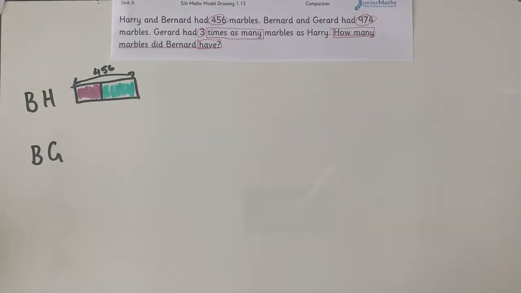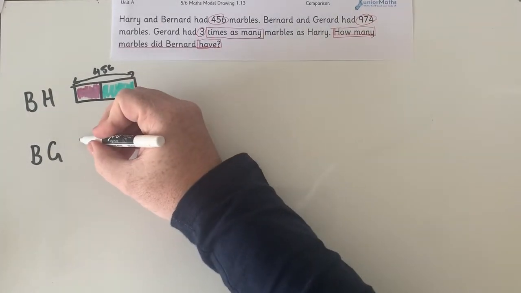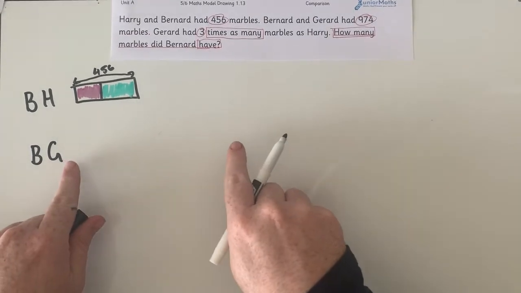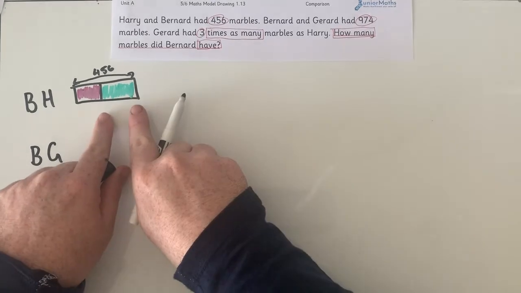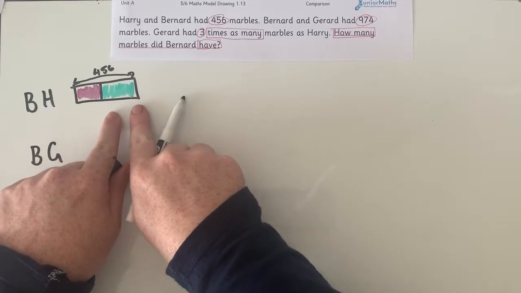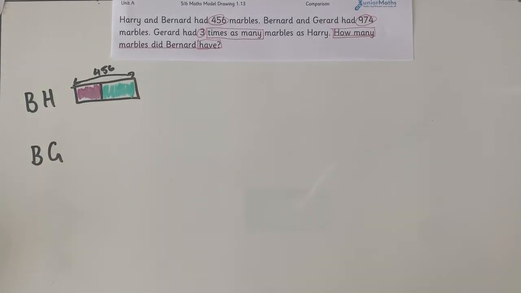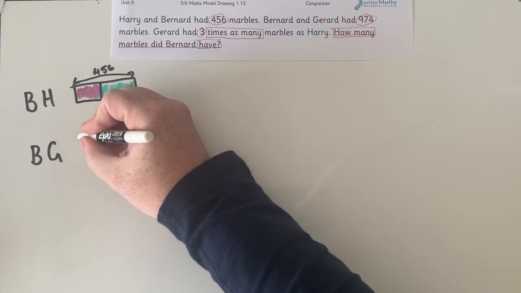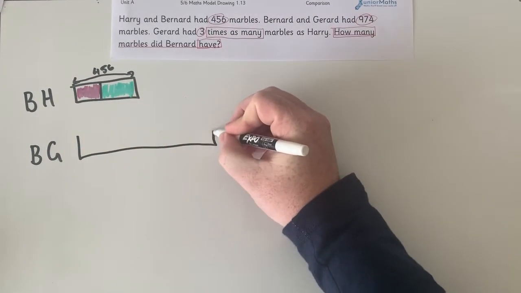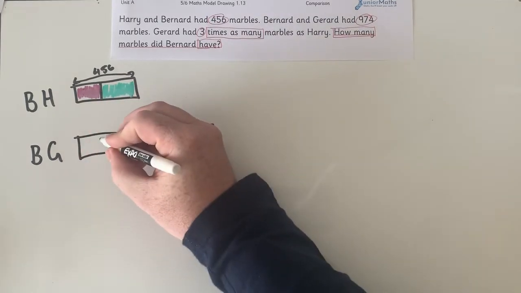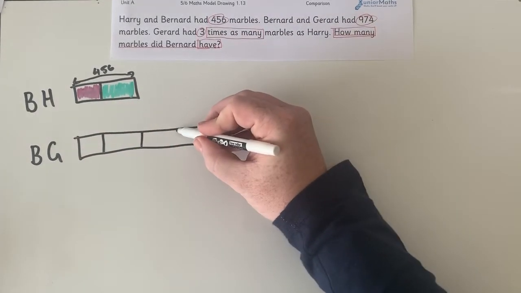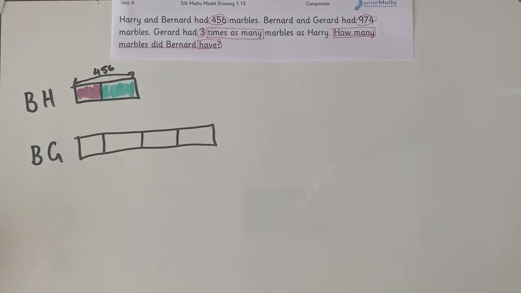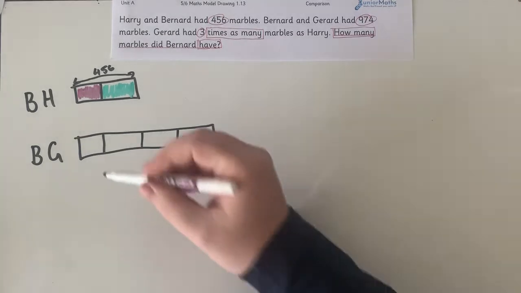Now, to draw Bernard and Jared's, I'm going to need to draw it about this long because it will need to include the same amount for Bernard, and then it will need to include 3 equal parts the same size as Harry's. And then 3 equal parts, so that has to be 1, that's 1. They're roughly equal in size. So again, let's colour it just to see that.